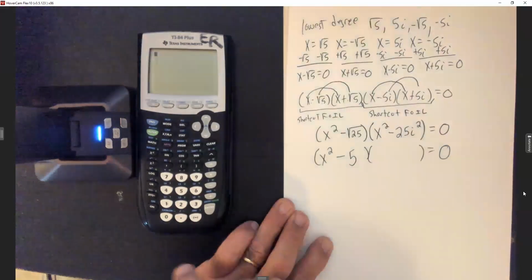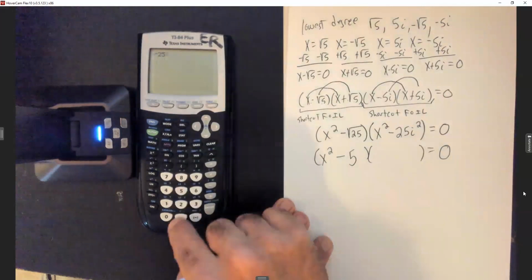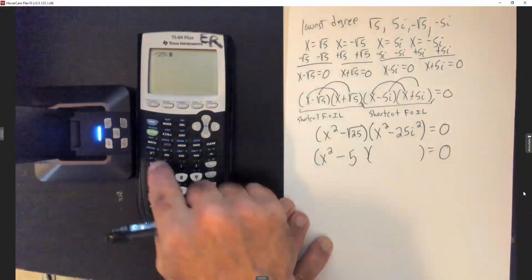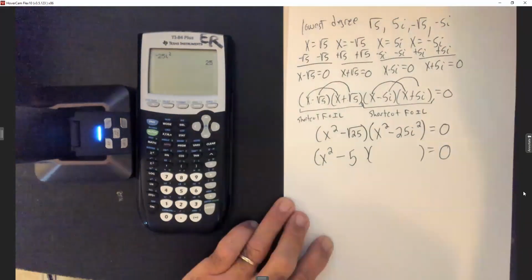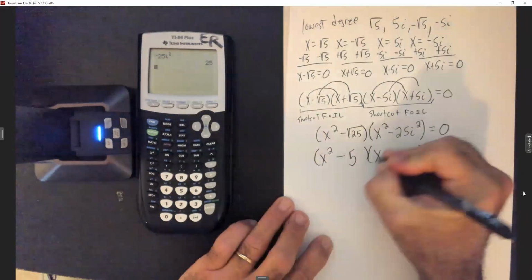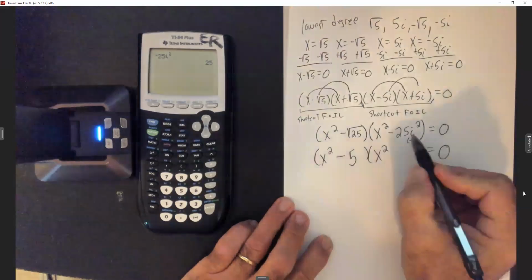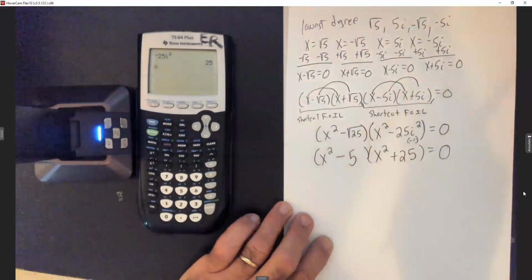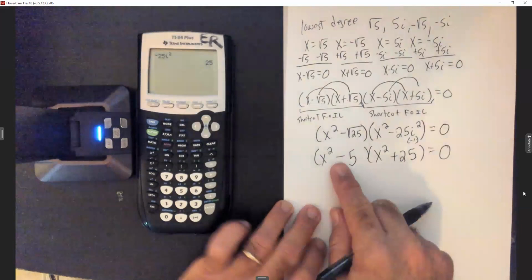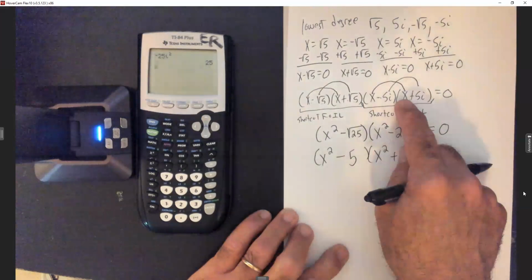Negative 25, bring up the i, and then squared it is going to equal a positive 25. So remember, i squared equals negative 1, and that negative times negative makes that a positive 25. So check this out. Radicals always FOIL to be negative. Imaginary numbers always FOIL to be positive.